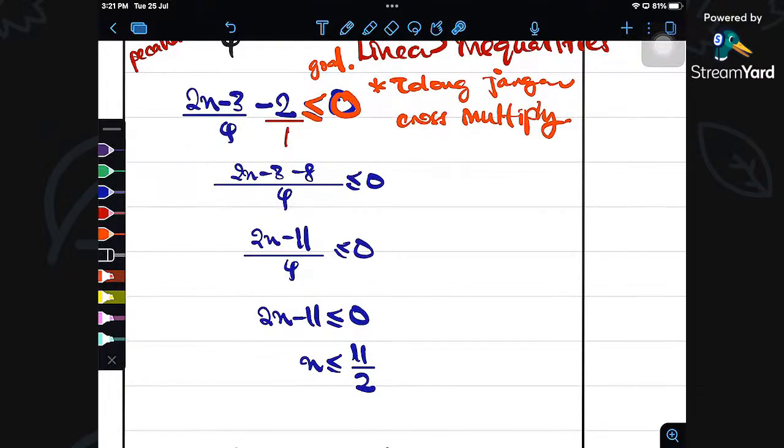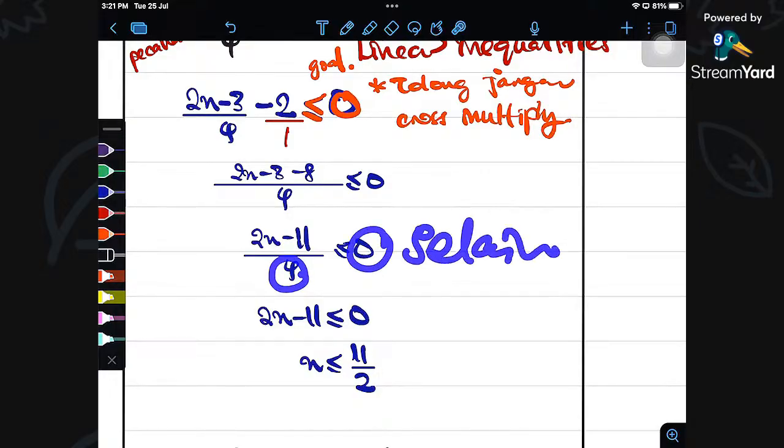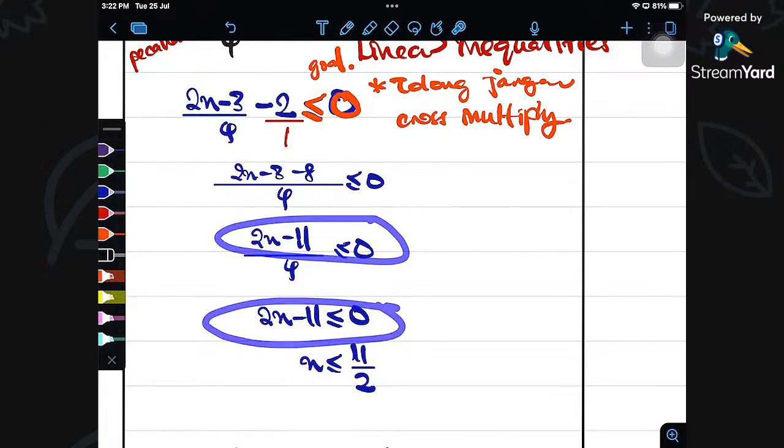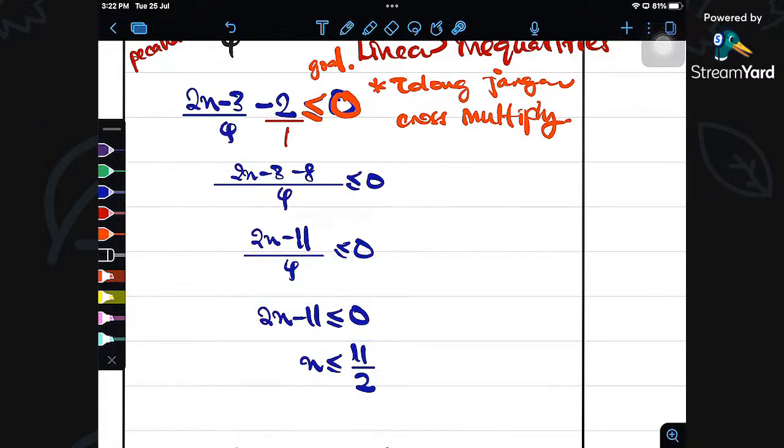Secara matematiknya, when we have numbers here, selain unknown, actually we can cross multiply. Kalau dia nombor bulat, we can actually cross multiply. Sebab itulah nombor 4 ni hilang. That's why kita hanya kira di belah atas saja. That's the reason. Nombor 4 itu tidak significant. Therefore, it's nothing there. And so that's our answer.